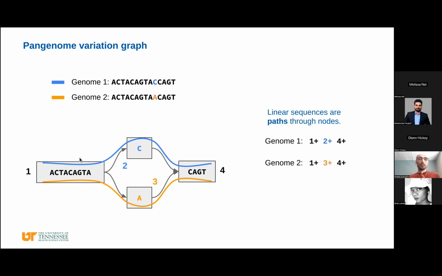The first sequence is a path through the nodes 1, 2, and 4. You follow the sequence in the nodes to reconstruct the original sequence. Genome 2 is represented in this pangenome graph as a walk through nodes 1, 3, and 4. That's the structure that we use to represent a pangenome.